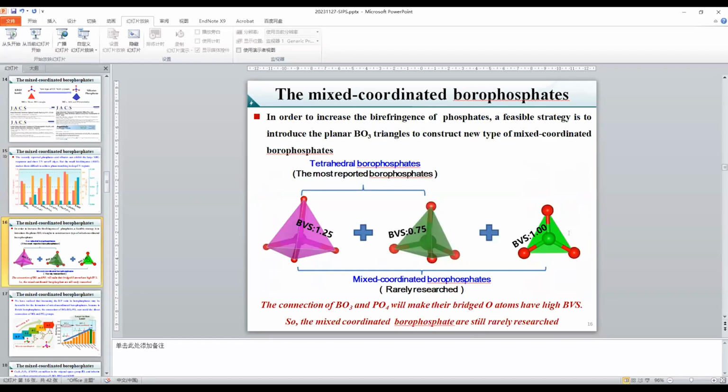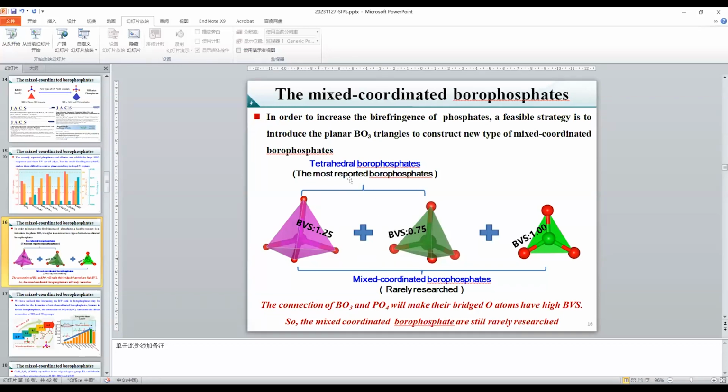In order to improve the birefringence of phosphate, our strategy is to introduce the pi-conjugated BO3 triangles into the phosphate to construct a new type of mixed coordinated borophosphate. But we know for the borophosphate, the connection between BO4 and BO4 will make the bridged oxygen have the ideal -2 bond valence.